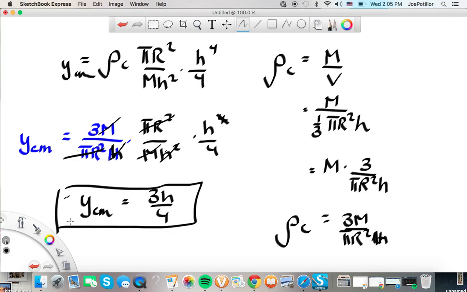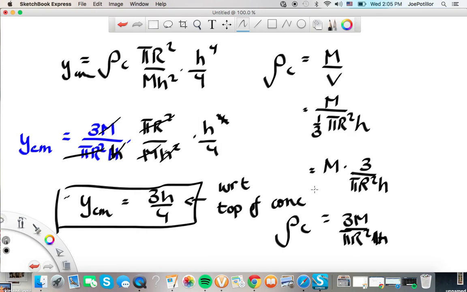Okay? This is with respect to the top of the cone. Or you can say 1/4 height with respect to the base of the cone. Now, that should make sense.